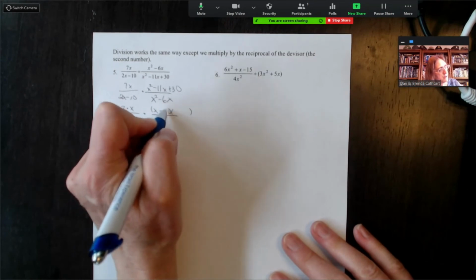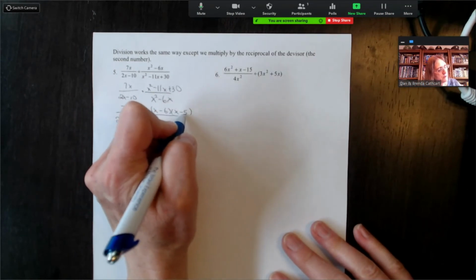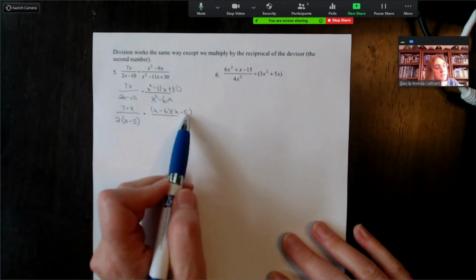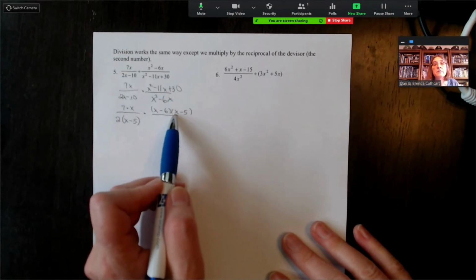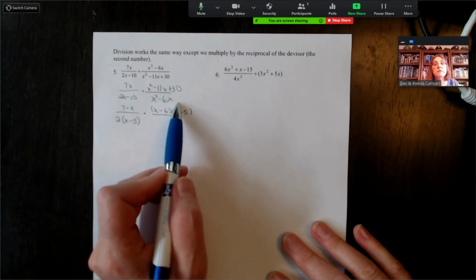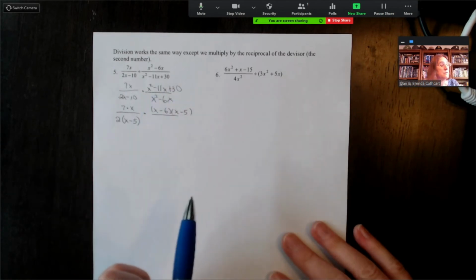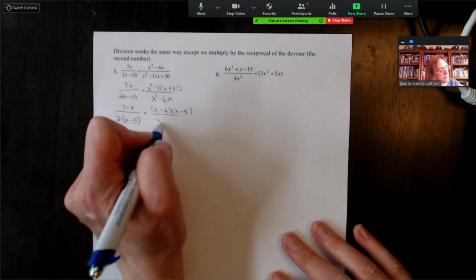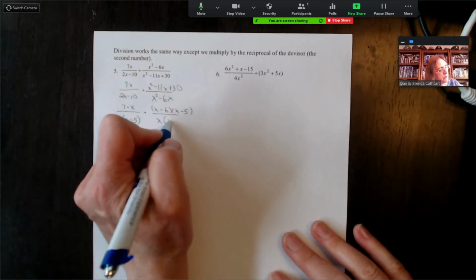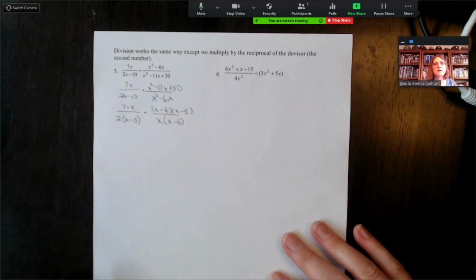We have x minus 6 and x minus 5. Negative 6 times negative 5 multiplies to positive 30, and the outer and inner terms, negative 6x and negative 5x, add to negative 11. In our denominator, we have a common factor of x, so we factor out the x, leaving us with x times the quantity x minus 6.